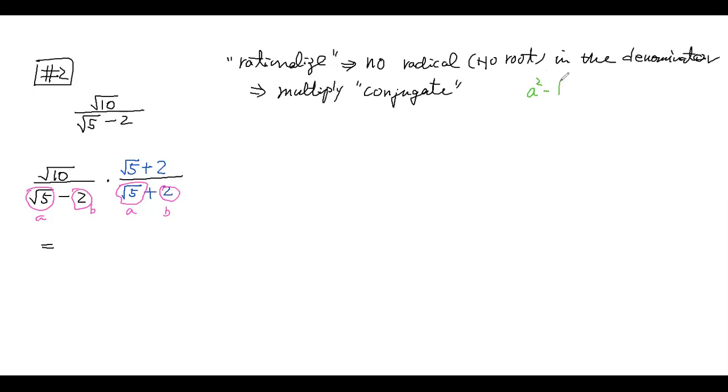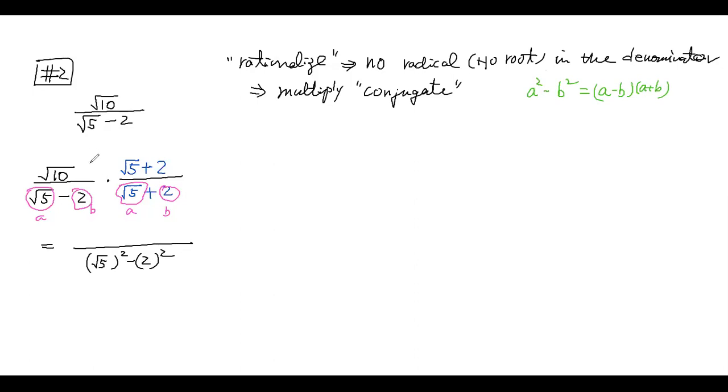It's A squared minus B squared. So the denominator will be the square root of 5 squared minus 2 squared. Correct? A squared minus B squared.